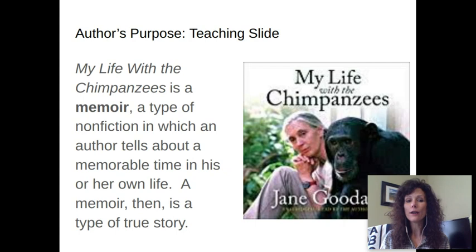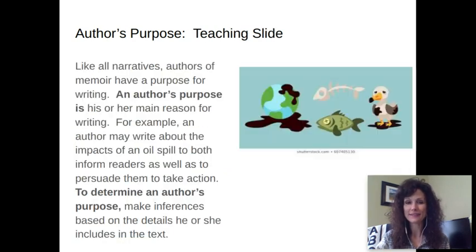A memoir is true. It's not made up. It is a true story. Like all narratives, authors of memoirs have a purpose for writing. An author's purpose is his or her main reason for writing. For example, an author may write about the impacts of an oil spill to both inform the readers as well as to persuade them to take action.